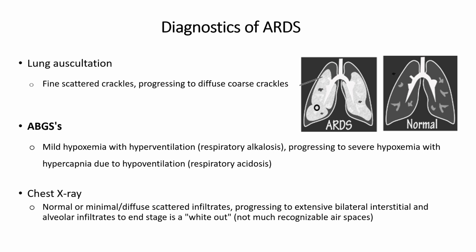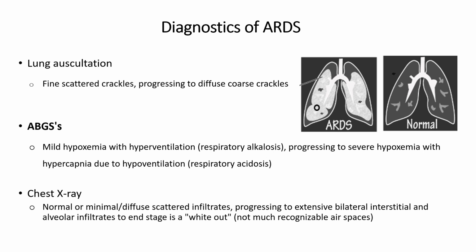A chest x-ray gives you a visual picture of how much lung tissue is affected. In early findings, the x-ray might look normal or show minimal scattered infiltrates, which can easily be missed. As ARDS progresses, these infiltrates spread and become bilateral and more interstitial and alveolar, meaning that both lungs are being filled with fluid and inflammatory debris.